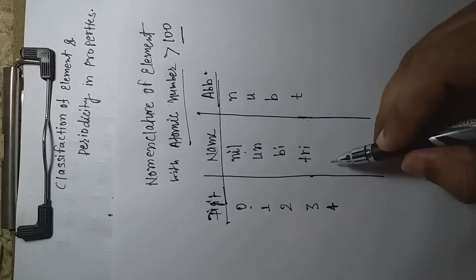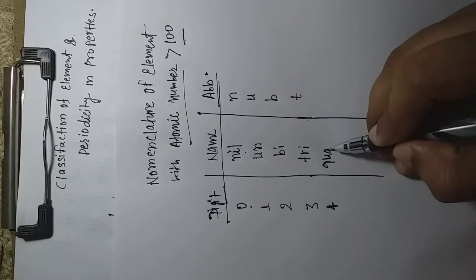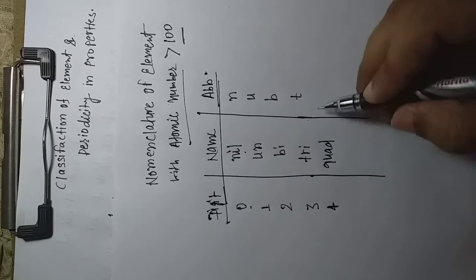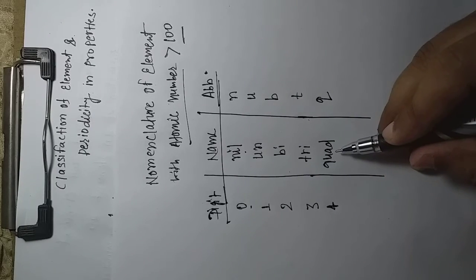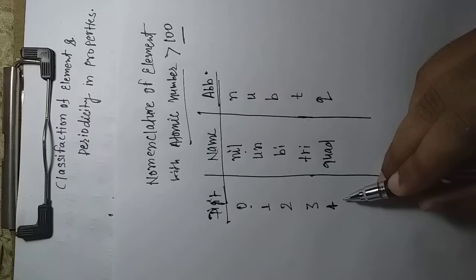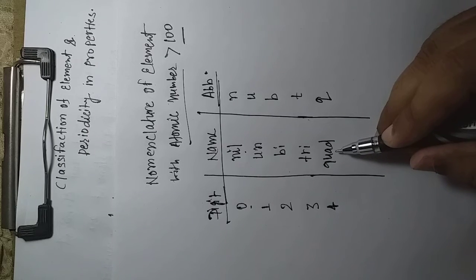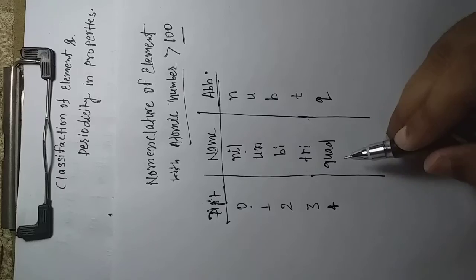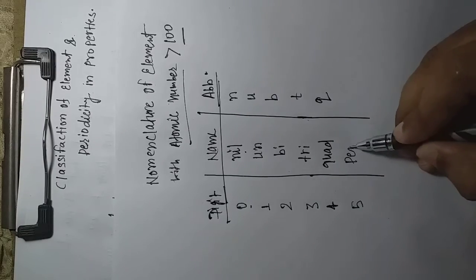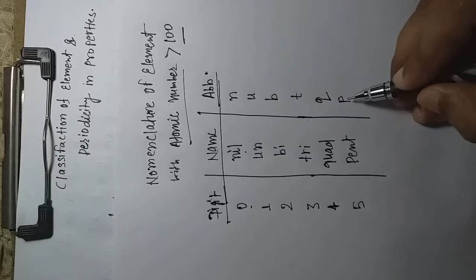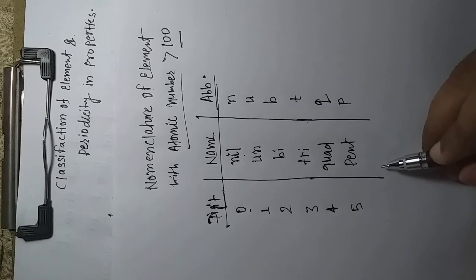For 4, you have to write quad. It looks a little odd, but you have to memorize this. Normally we read 4 as tetra, but in this case we write q, quad. And if it is 5, you write pent, with lower case p.